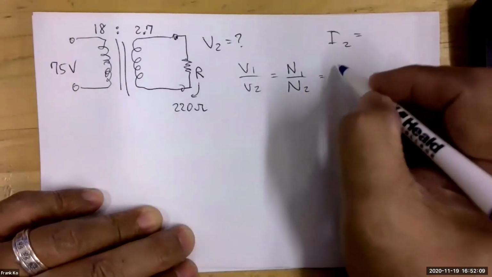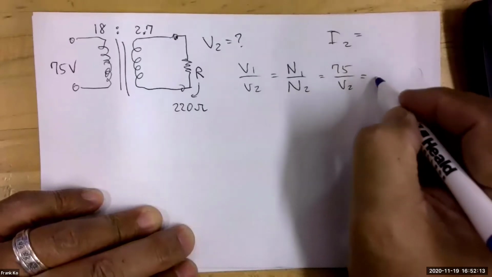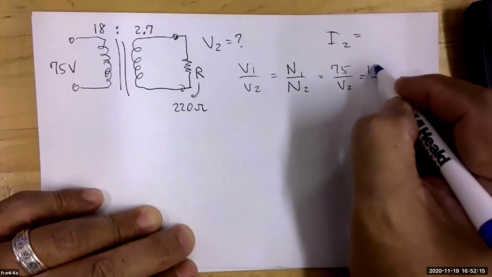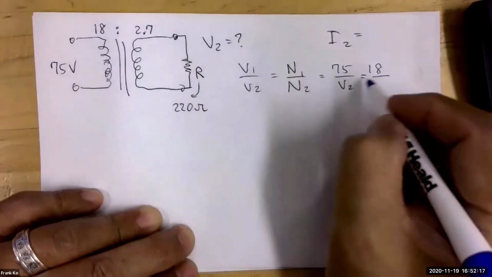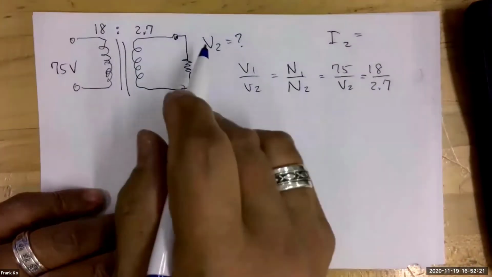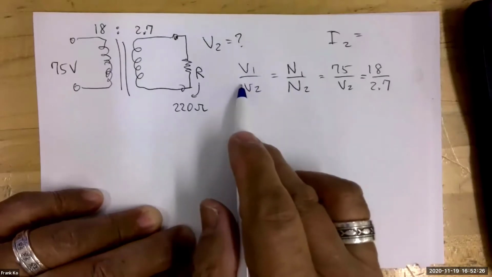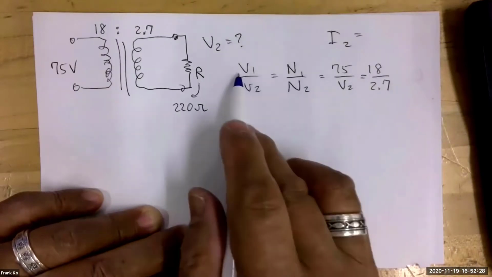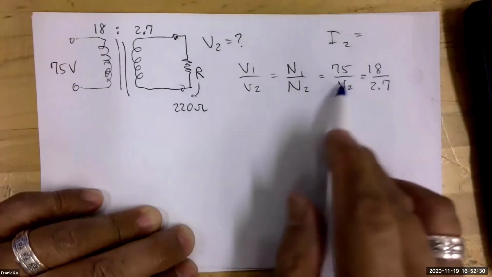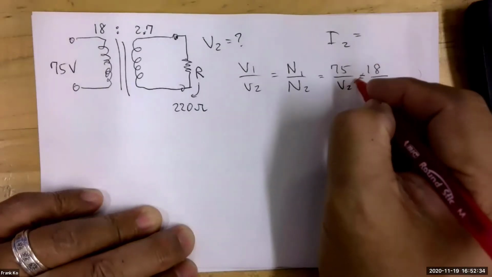And so our V1 was equal to 75, V2 we don't know, and then our N1 was given as 18, and our N2 was given as 2.7. We're looking for V2, so we're going to use this part of the transformer formula, turns ratio, voltage ratio, plug in the numbers, and the math here with two fractions and one unknown is what?